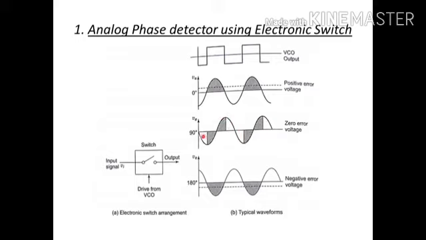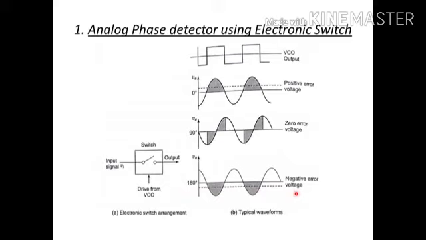The net voltages will cancel each other, and the resultant error voltage VE will be equal to 0. Similarly, if the phase difference is 180 degrees, and you calculate the average error voltage, you will get a negative error voltage.